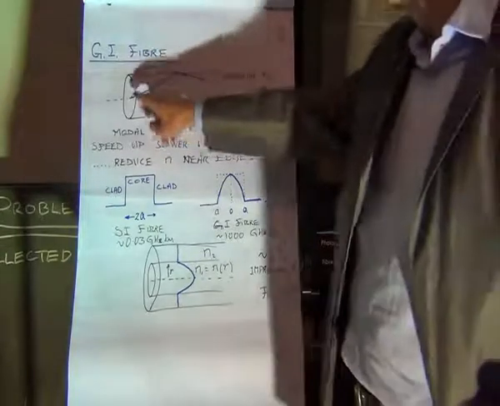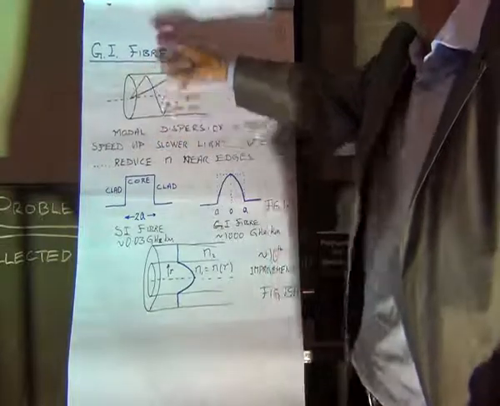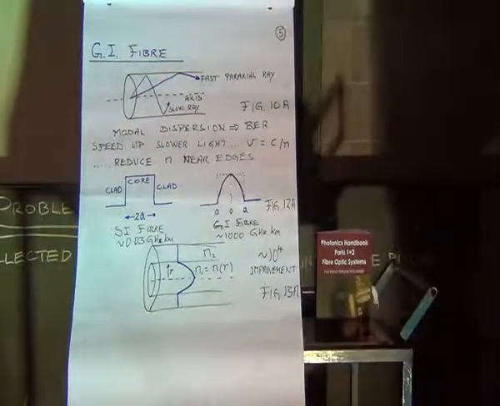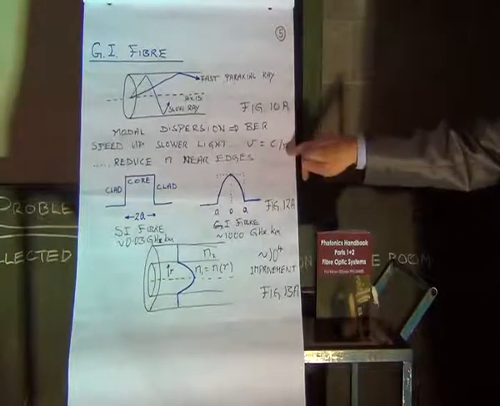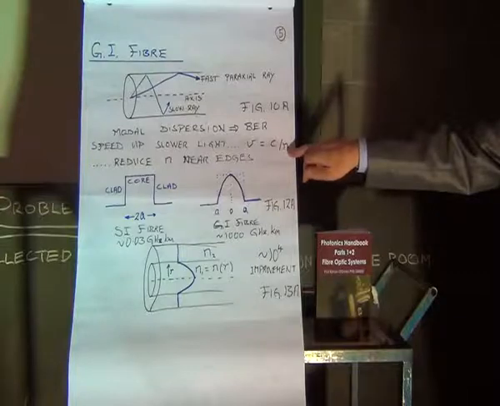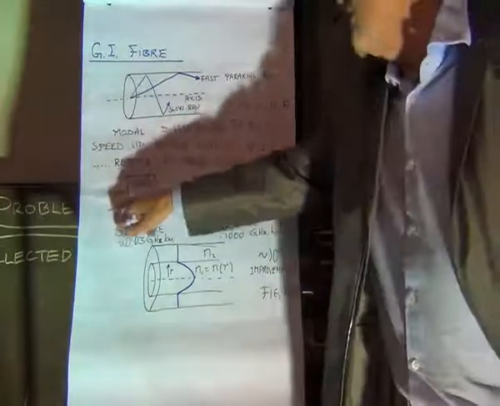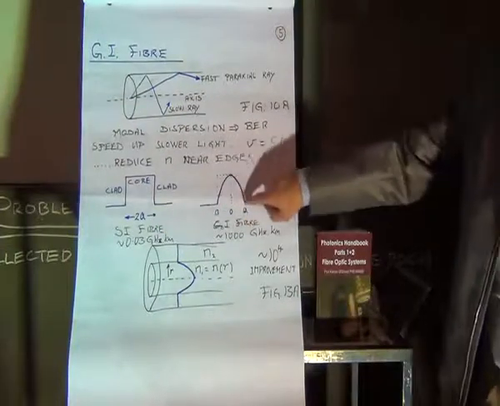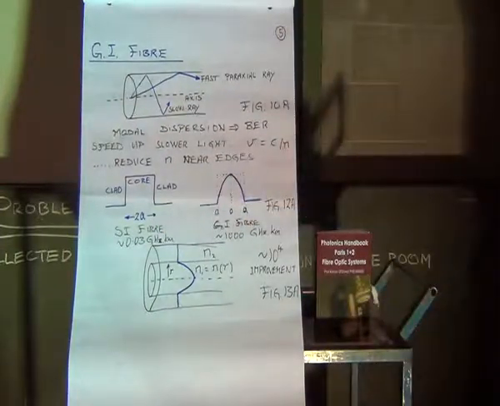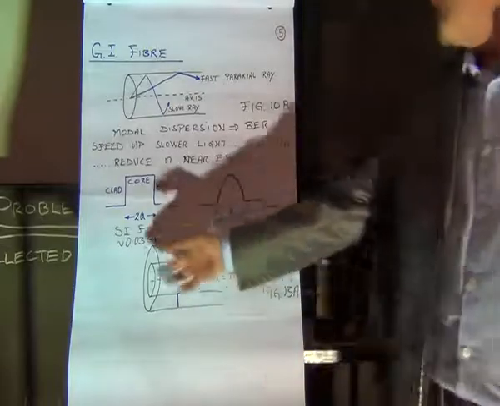Now, these slow rays are spending longer near the edges. So as we approach the edge, I should gradually reduce n. That will speed them up. So here is our old fibre, step index, and here is our graded index fibre. Notice the difference, the improvement there.